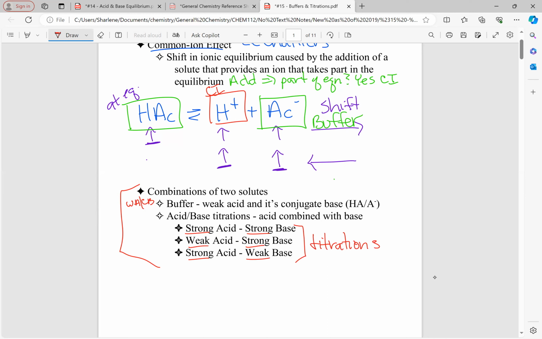So now that is what's going to happen every time we do a combination of things. All right, what are my choices so far? I could have a weak acid. I could just have a weak base. If I just added water to it, that's just diluting.